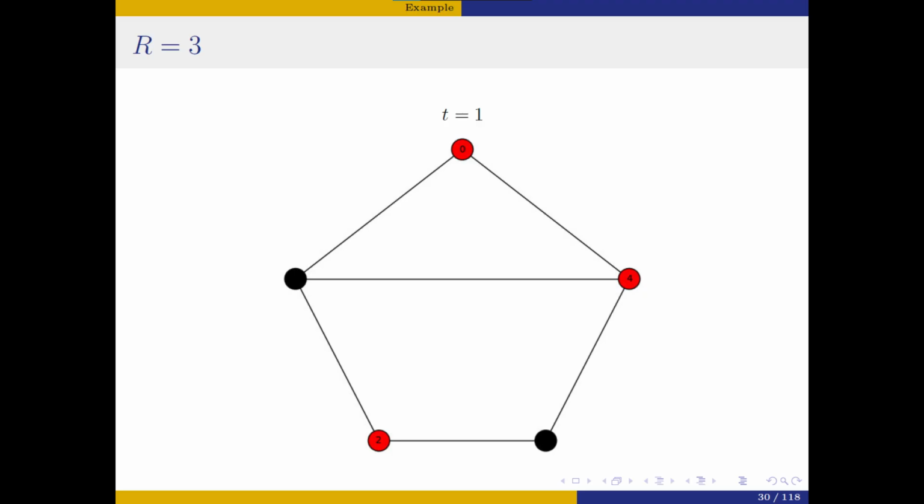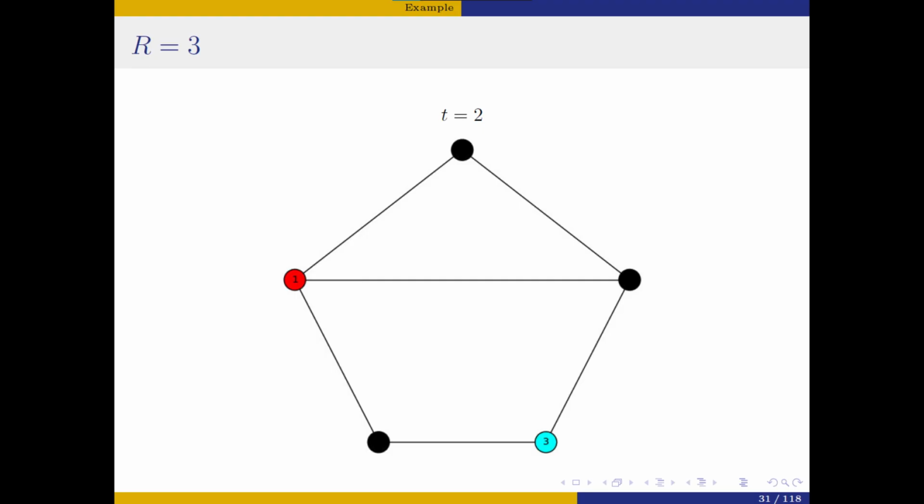Conversely, another vertex only has two infected neighbors, and since this is less than our constant, then in the next time step it will become healthy.